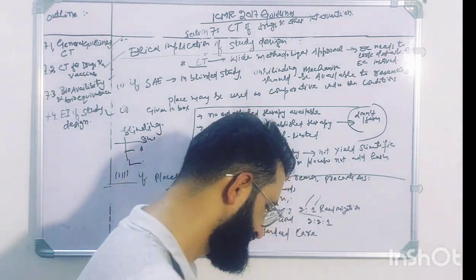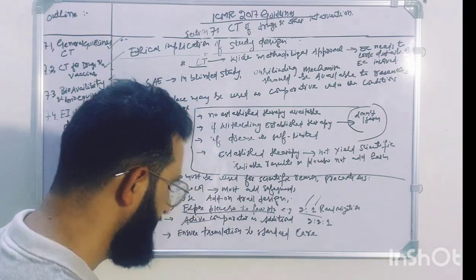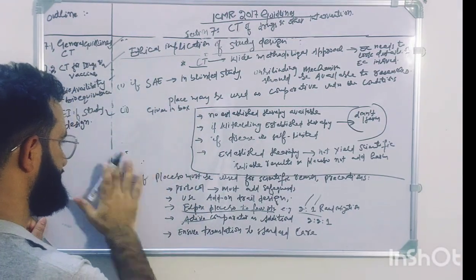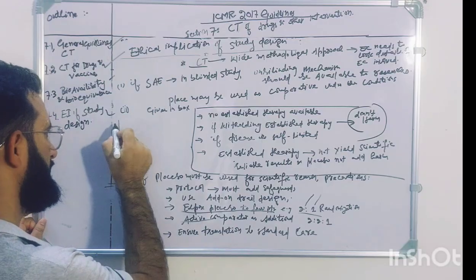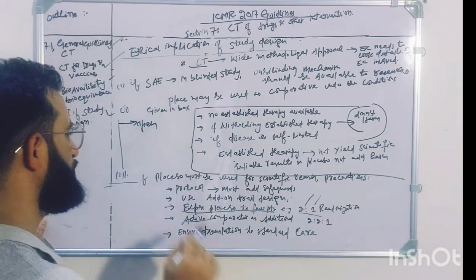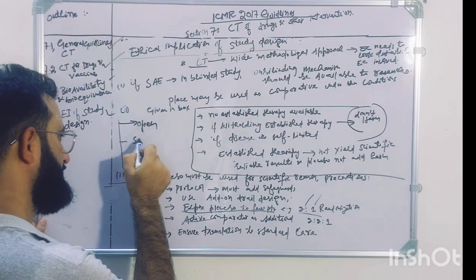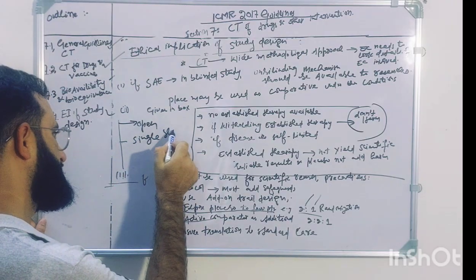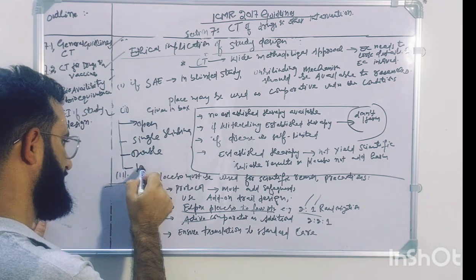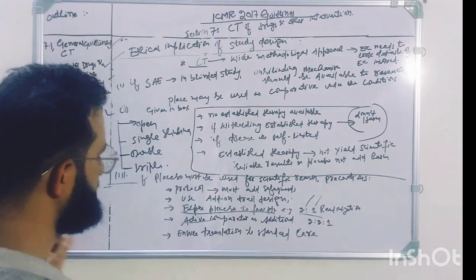First one is open label, which is when there is no blinding. Then single blinding, double, and triple blinding.